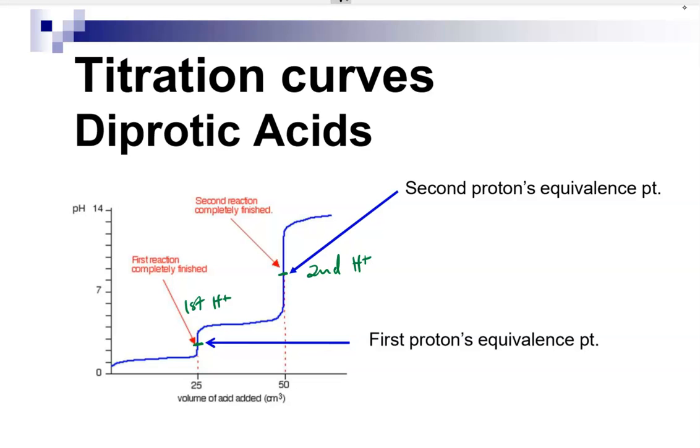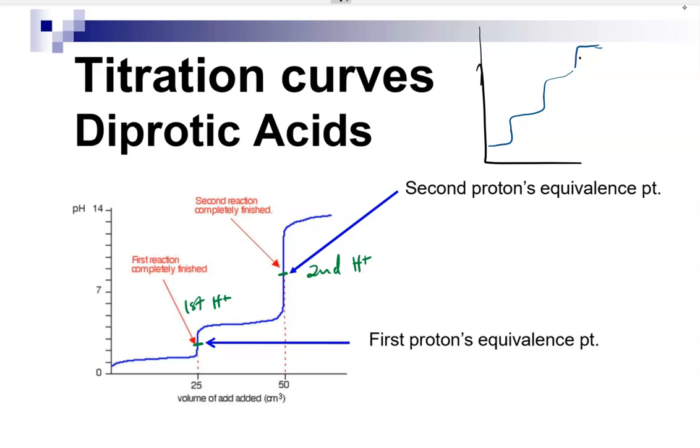You could imagine if we had a triprotic acid, then we might have three steps. I made that one go kind of high compared to how tall I drew the plot there. But depending on the nature of the acid and the strength of the conjugate base that it creates, we would have different pHs at those equivalence points.